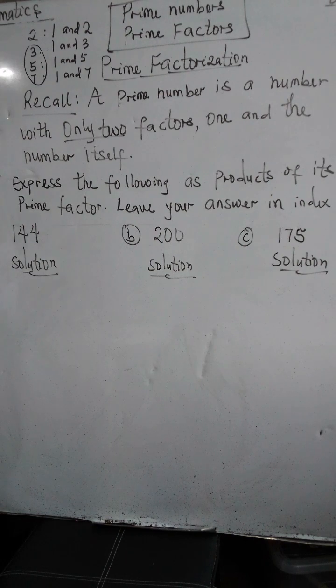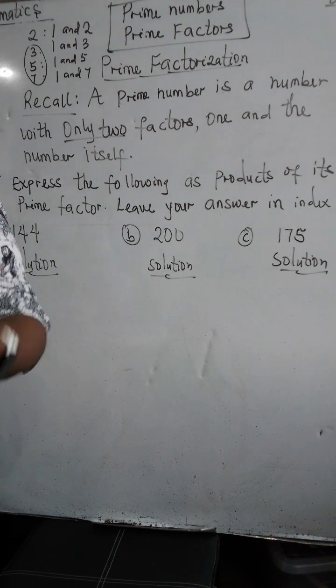The only even number that is a prime number is 2. Apart from the number 2 as an even number, every other even number is a composite number. Remember I told you that if a number is not prime, it is composite. And if a number is composite, it means that it has more than two factors.